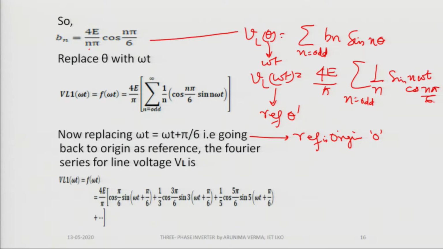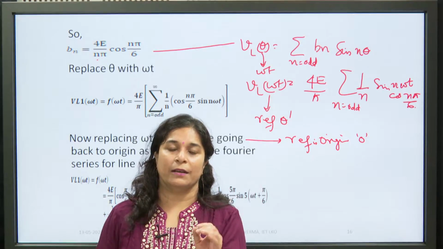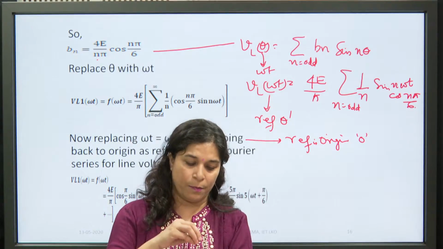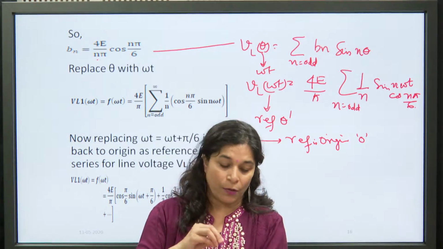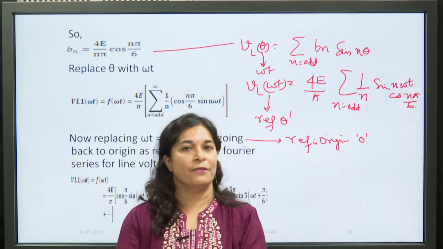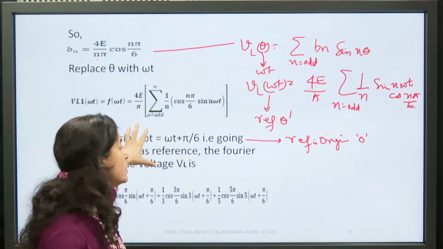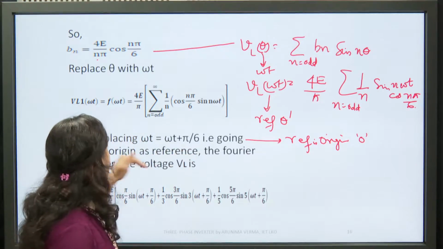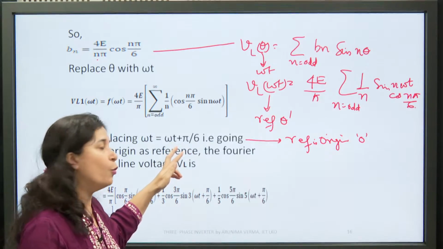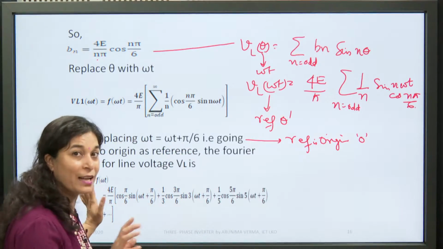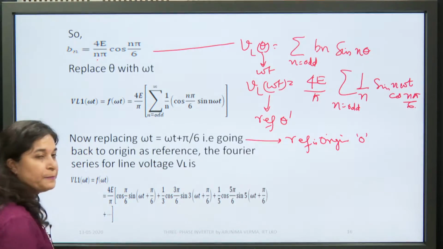All the analysis that we did was with O dash as the reference, because from the point O dash the fundamental started from 0 value. But the actual analysis is for reference origin O. So, we go back to the origin, replace omega t with omega t plus pi by 6, and calculate the final value of line voltage, which is this one.